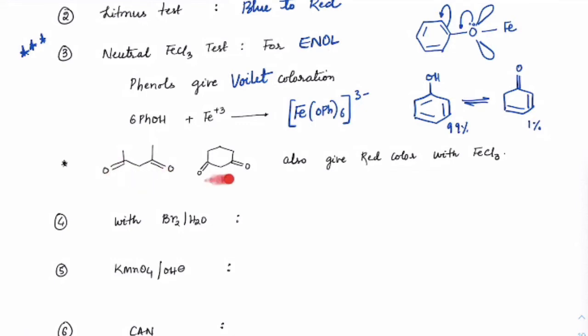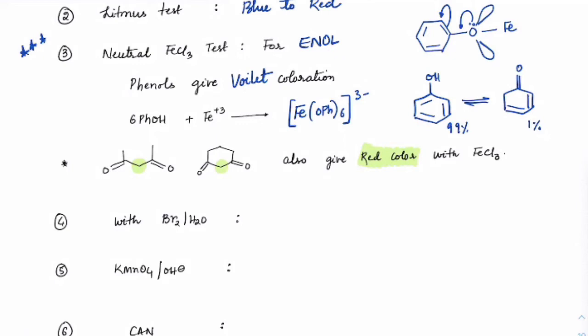In these cases we would have an active methylene which helps them exist more in enol form. In both cases you would have sufficient enol content. That's why they will also give this neutral FeCl3 test. Hence you would see a red color solution formed with FeCl3, which is a confirmation for enols.